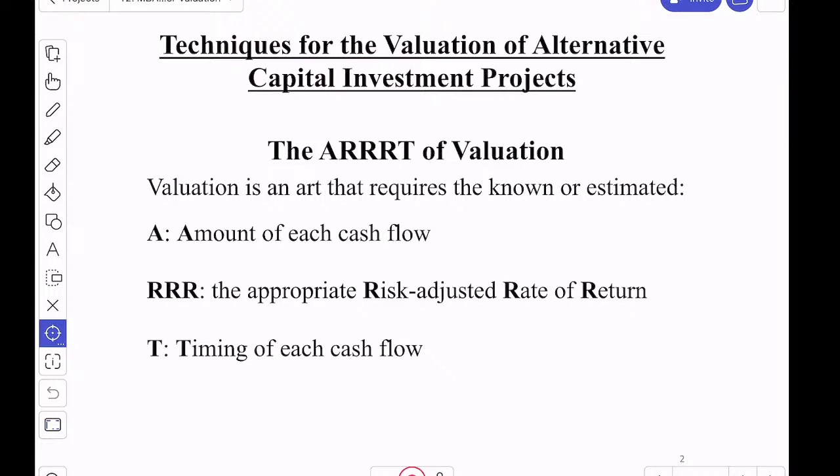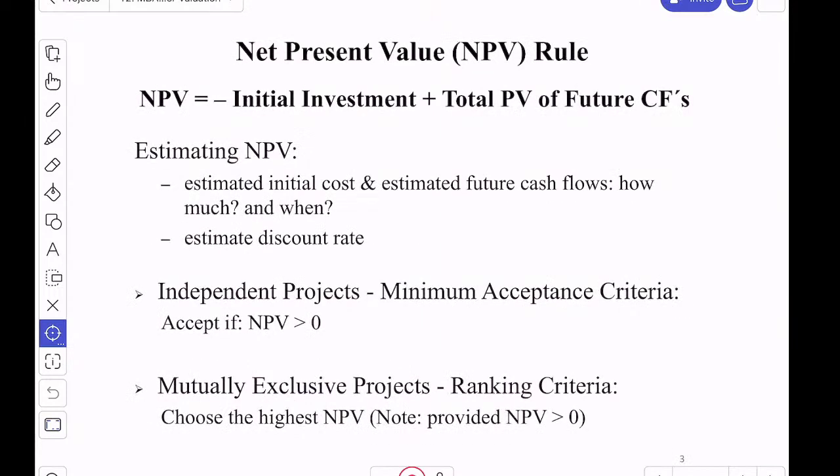All right, so with that information, you could use a net present value analysis. If you remember the rule, you need to know the initial investment, and you see if the total present value of future cash flows is enough to offset the initial investment.